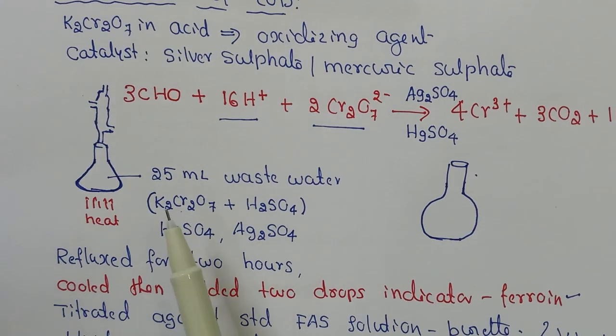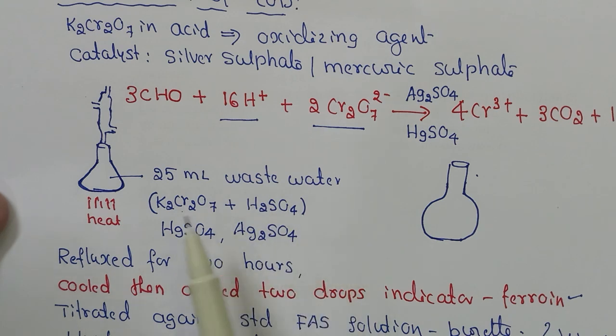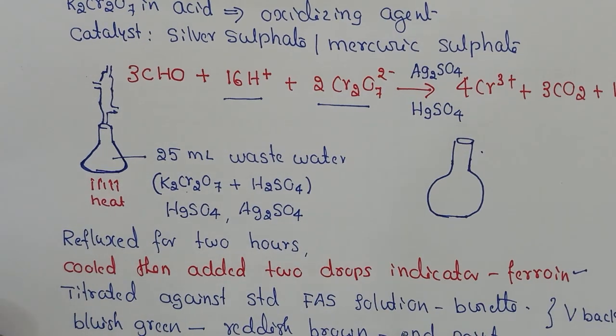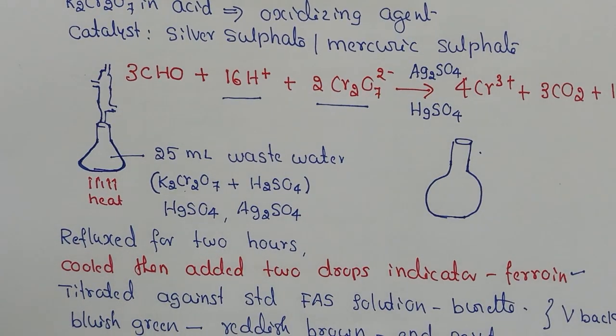So here 25 ml of wastewater, then potassium dichromate, silver sulfate and mercuric sulfate in the conical flask, and it is refluxed for 2 hours. Then it is cooled, 2 drops of indicator ferroin are added, and it is titrated against a standard FAS solution taken in the burette till the color changes from bluish green to reddish brown.